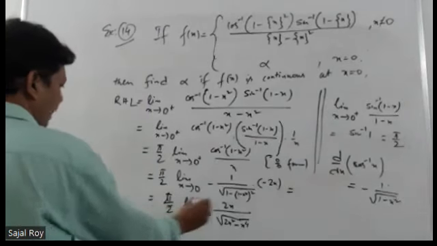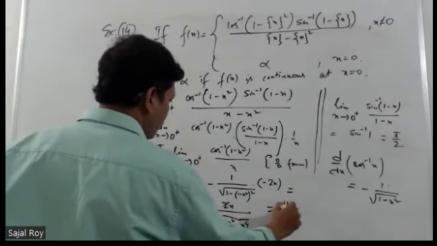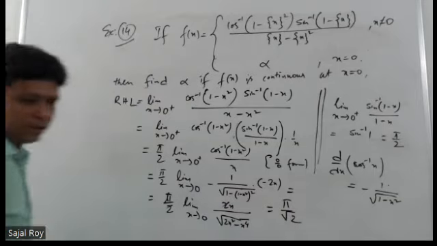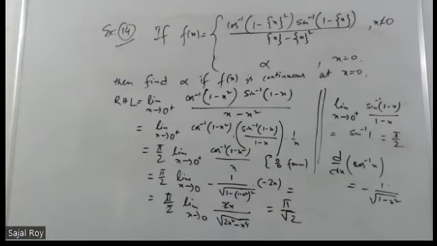This 2 cancels. So it's pi by root 2. Please check.